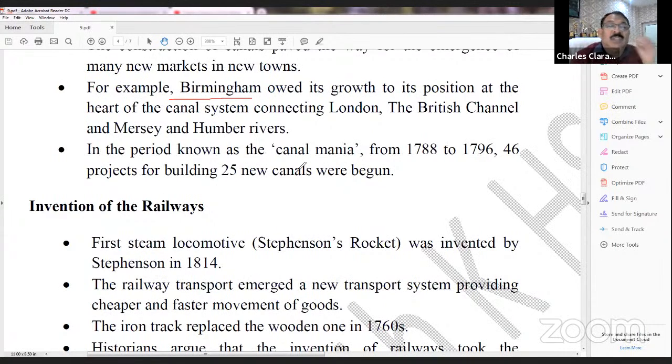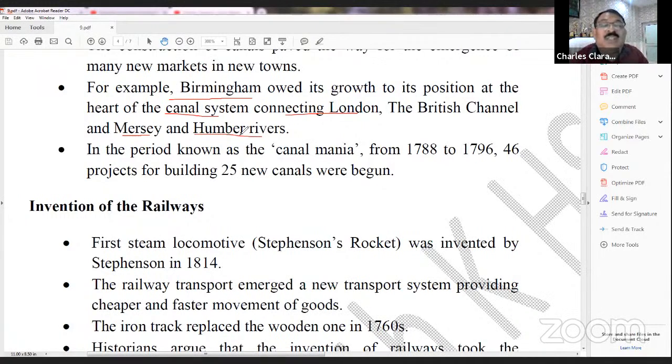This city grew only because there were canals that connected it to London, the British Channel, and the Mersey and Humber rivers. Because it was well connected to everything, the city began to grow and it became fantastic.